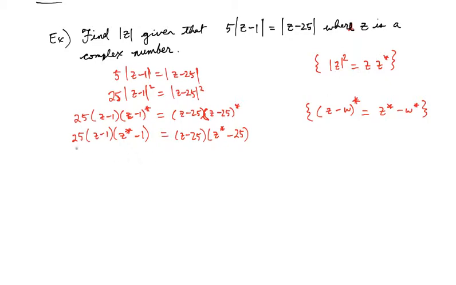If I expand everything out, I would get 25 times z star minus z star minus z plus 1, and this side would become z times z star minus 25z star minus 25z plus 625, since 25 times 25 is 625 and those are both negative.